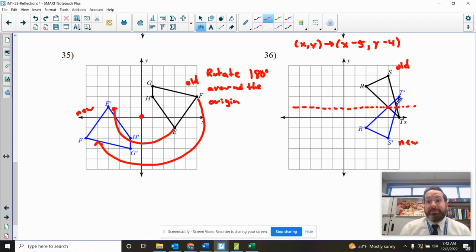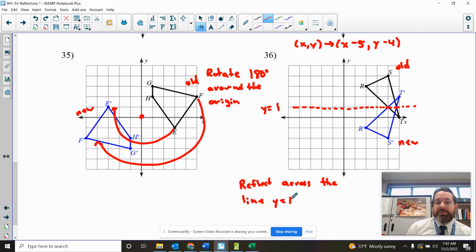So if you've got two of them, like we had here, you have to draw your reflection line through those 2 points. That's a horizontal line, so it's y equals a number. The height of this line is 1, so there's my reflecting line, y equals 1. So this transformation is a reflection across the line y equals 1. All right, there we have it.